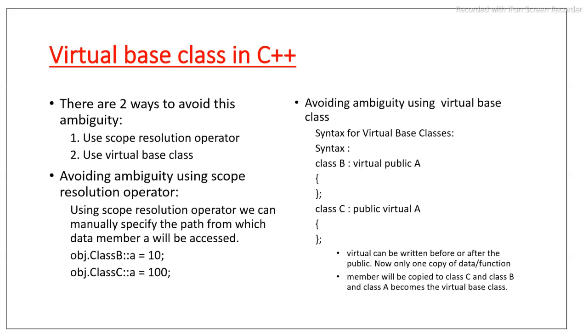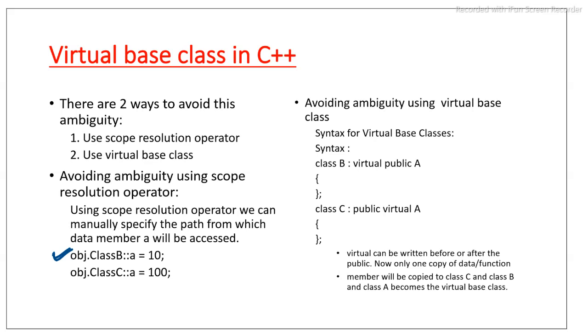In the previous video lecture, while discussing multipath inheritance, we saw the use of the scope resolution operator. In this example also, it is described using the object dot class name with the scope resolution operator. We can access particular data which is inherited from a particular class.